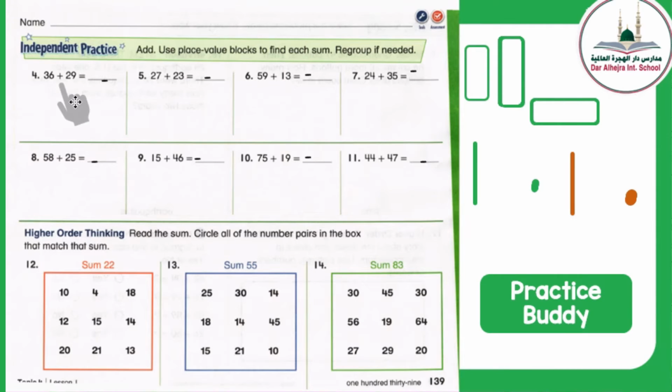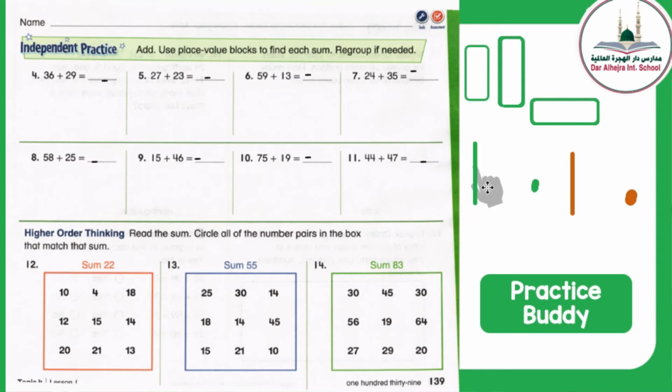Let's solve a few more examples on the next page, page number 139. But this time we are not going to solve the equations using our place value blocks. Instead, we will be using the lines to show the tens and the dots to show the ones. So here we have 36 plus 29.